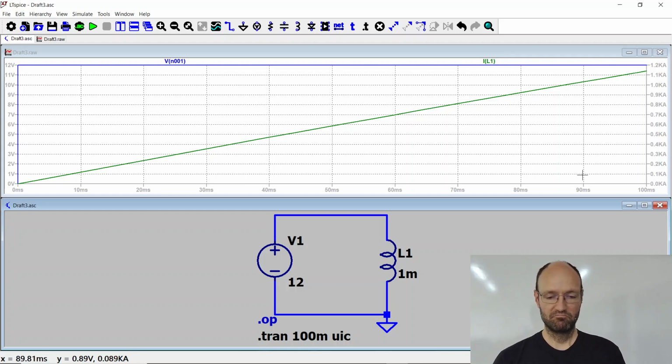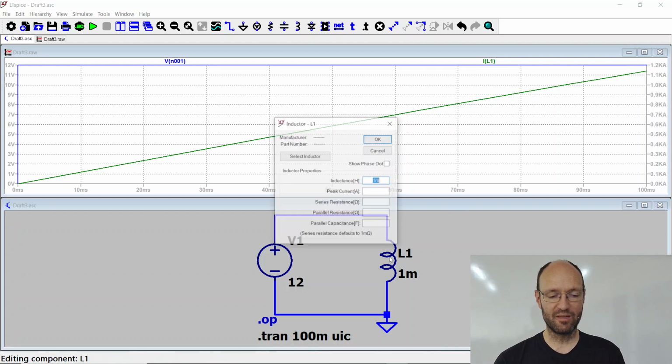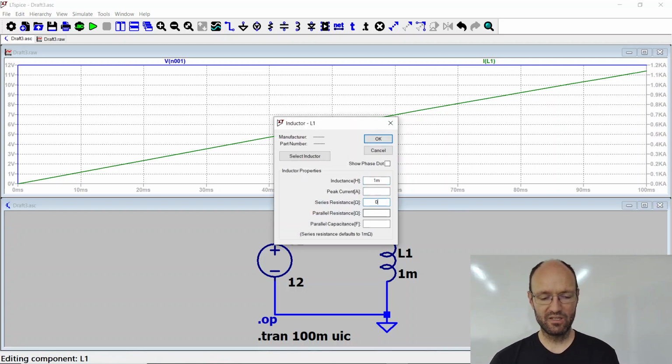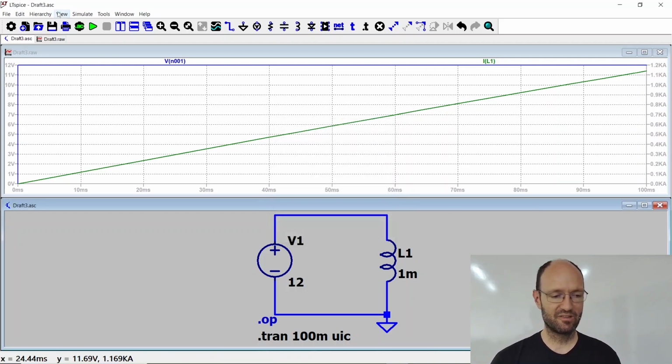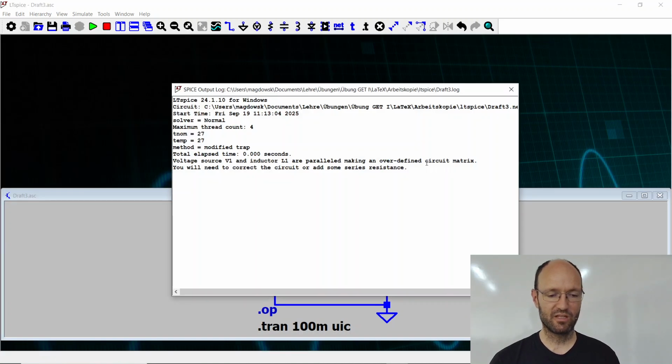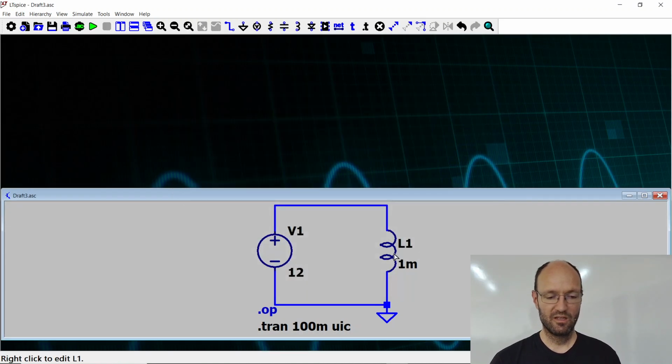And yeah, so over the 100 milliseconds, we should get to 1.12, 1.2 kiloampere, and we don't really reach the 1.2 kiloampere because of the 1 milliohm resistance. I'm not sure if we now can set the resistance to 0, but okay, this once again won't work anymore.